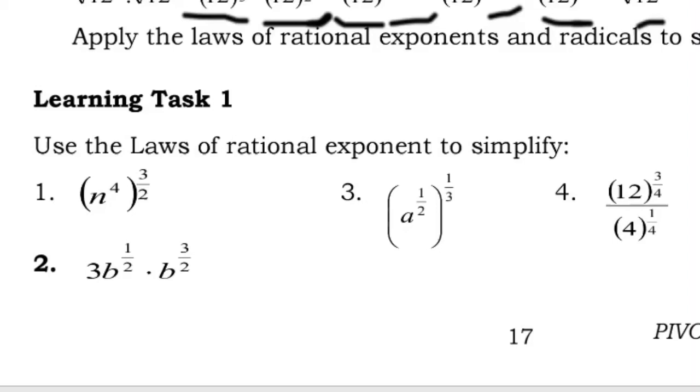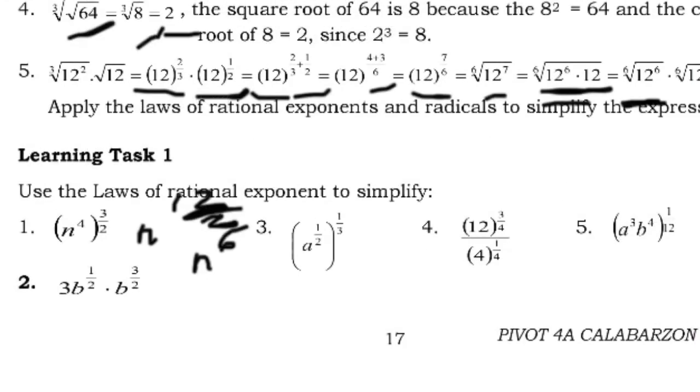So 4 times 3 halves, that will be 4 times 3, 12 over 2. So this is n to the power of 12 over 2. Then 12 divided by 2 is 6. So the answer here will be n to the power of 6. So kindly do numbers 2 to 5.